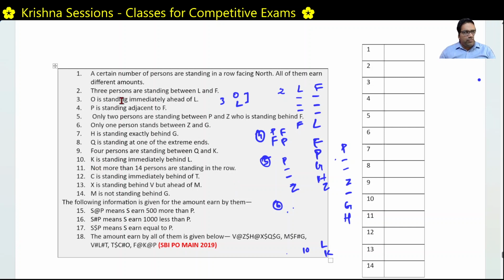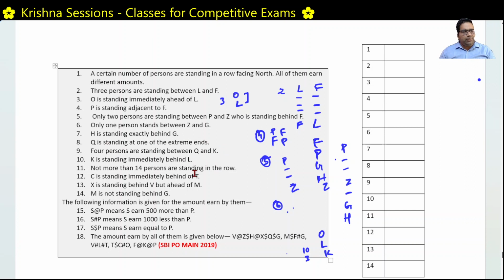And we had one more condition around L. O is standing immediately ahead of L. So what does that mean? O, L, K are together. As per conditions number 10 and 3 together, O, L, K are together. There is no way O, L, K can be separated.